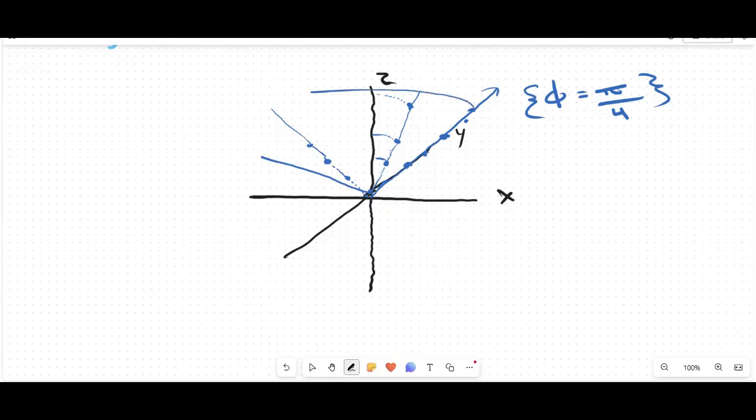So there's a cone, a cone of points. If you pick any point on this cone, the angle to the z-axis will be 45 degrees, pi over 4.